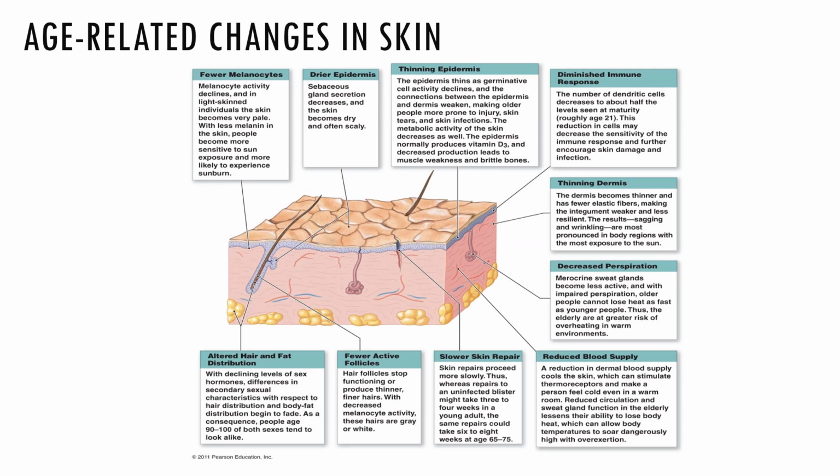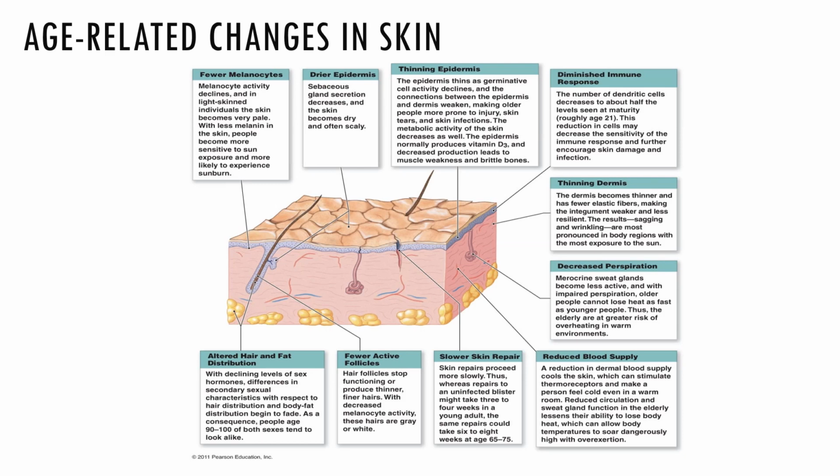Metabolic activity in the skin decreases as well. Our synthesis of calcitriol, vitamin D3, decreases, which can lead to muscle weakness and brittle bones. The number of dendritic cells decreases. This reduction in cells may decrease the sensitivity of the immune response and further encourage skin damage and infection.